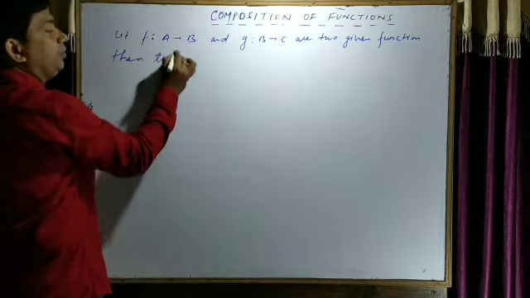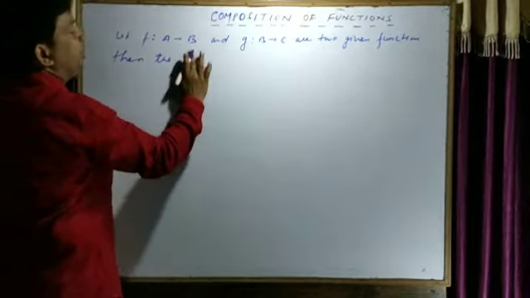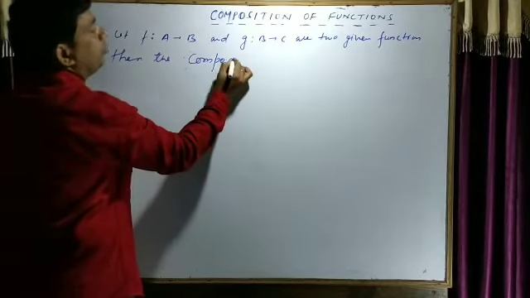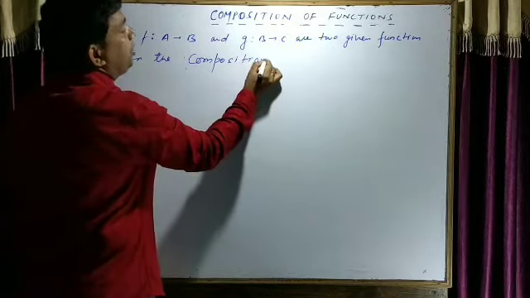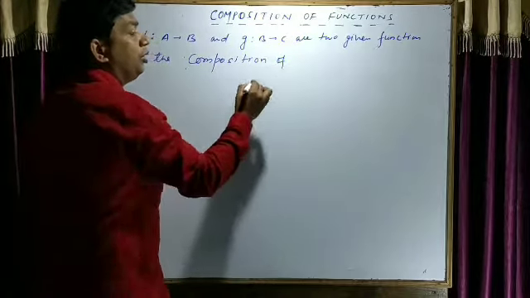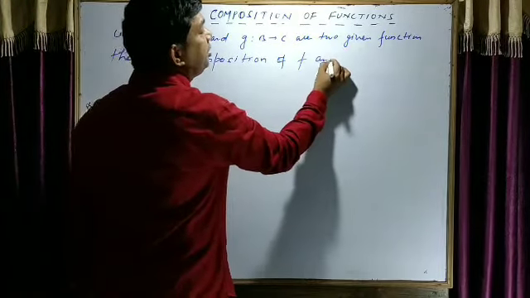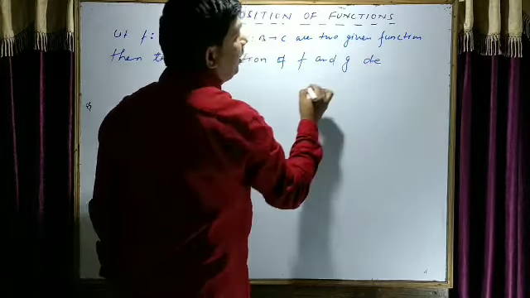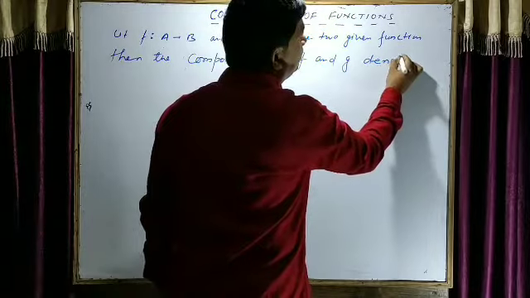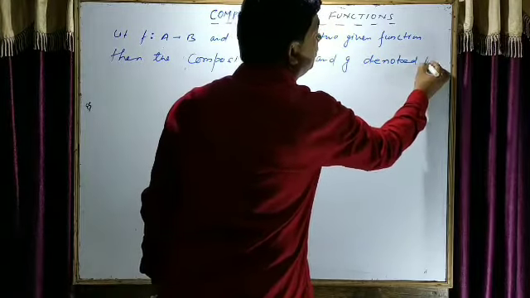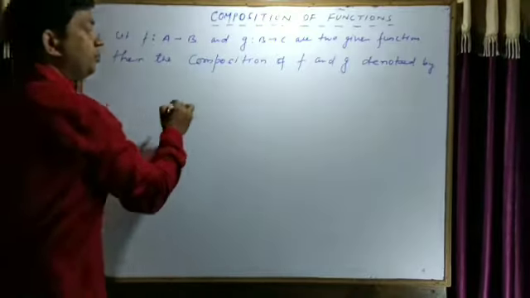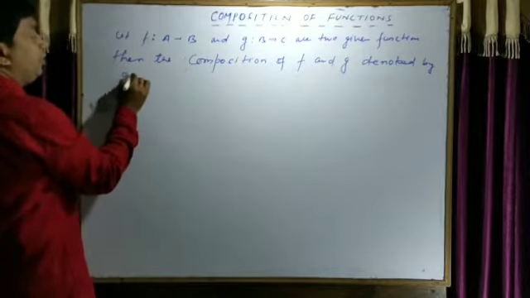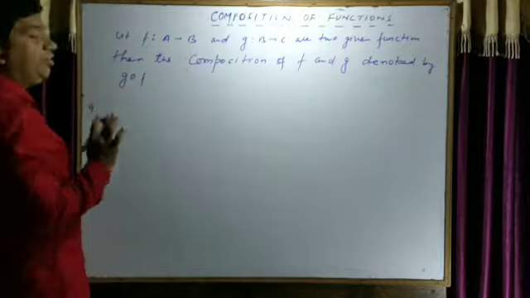Then the composition of f and g is denoted by GOF. This is called G circle F.